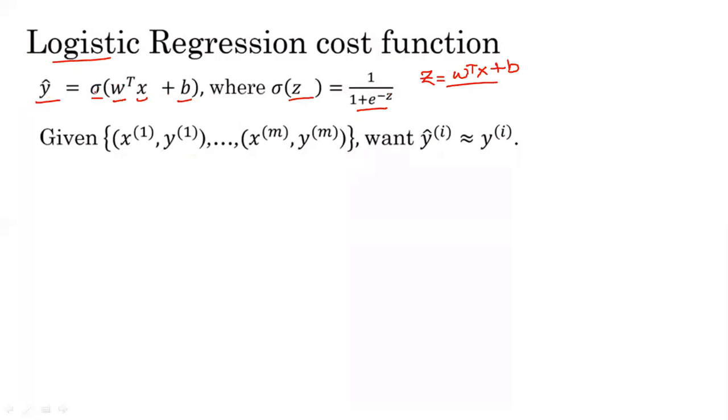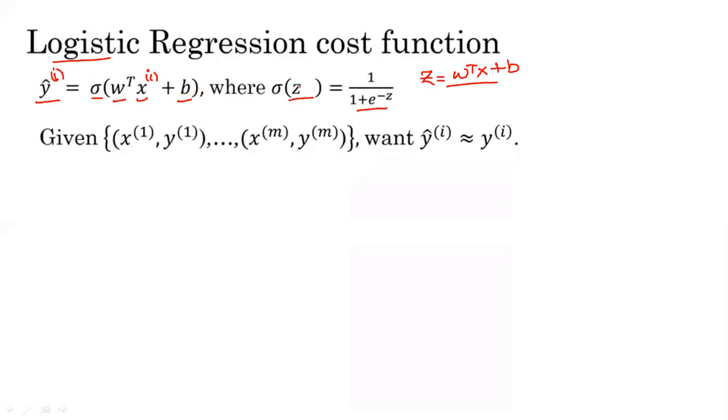Here we can also write this notation. For example, if we are using the ith training example, then we can write this formula as y hat of i is equal to sigma of w transpose x of i plus b. So this formula now becomes a prediction formula for the ith training example.